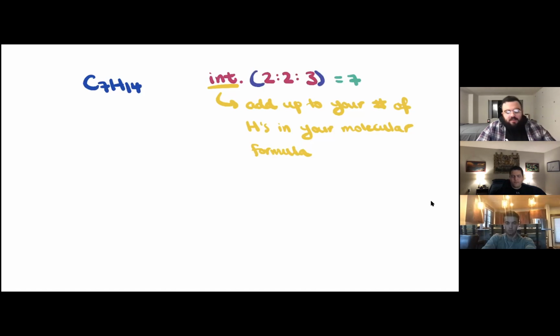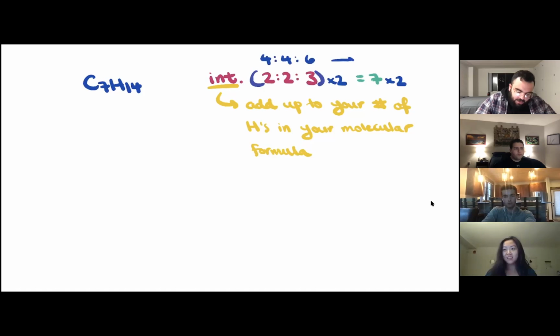But if you wanted to get that to add up to 14, you'd have to multiply that by 2. So your integrations would actually be 4, 4, 6, and doing that will give you a total of 14, which is what you want for your molecular formula.